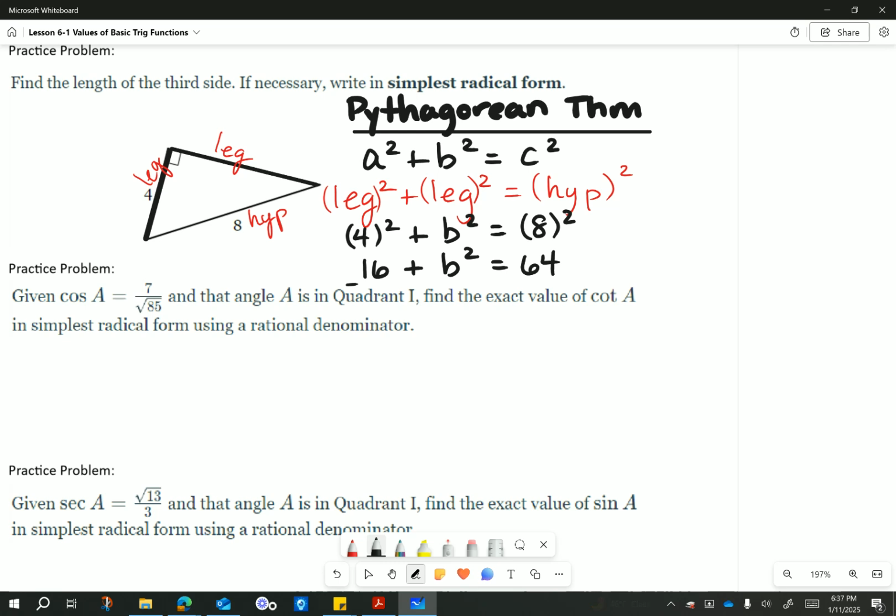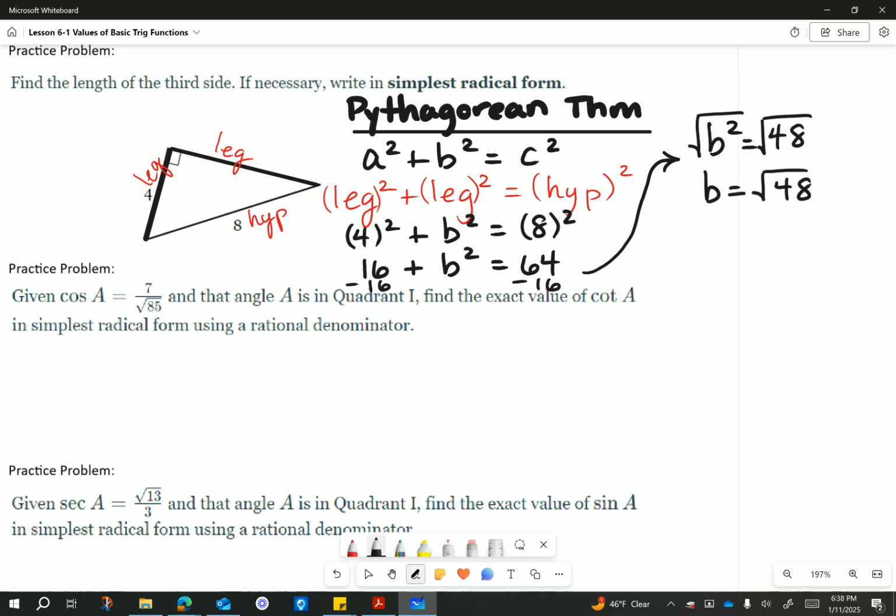Once I subtract 16 on both sides, let's go over here. That leaves me with b squared equals 48. In order to solve for b, which is the leg length that I'm looking for, I will have to square root to get rid of that squared and solve for b, which is the leg, and that's going to be square root of 48.